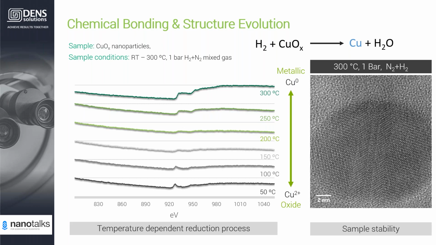On the right side, you can see atomic resolution copper oxide nanoparticles in one bar of nitrogen and hydrogen environment at 300 Celsius degrees. On the left side, you can see as we increase the temperature from 50 Celsius degrees to 300 Celsius degrees, the copper L-edge near-edge structure changed from copper oxide, copper 2+, to metallic copper status.